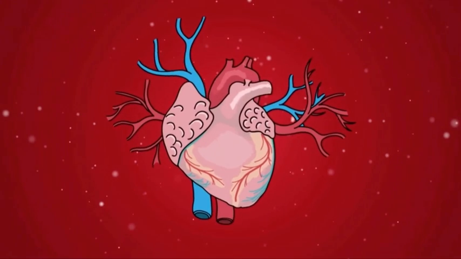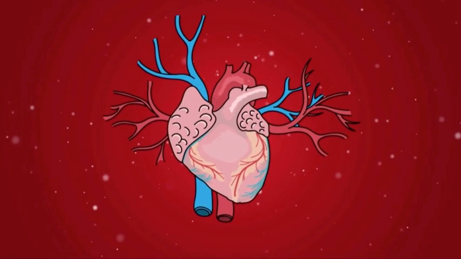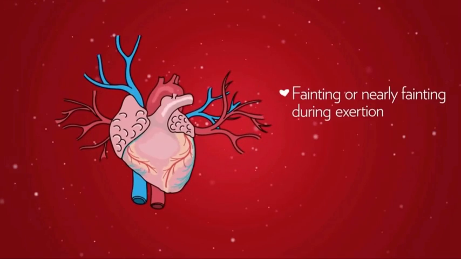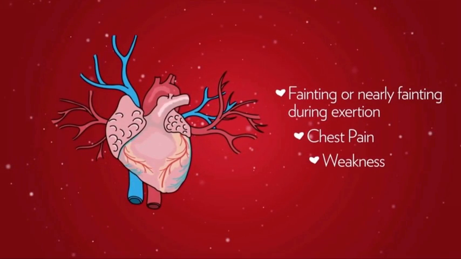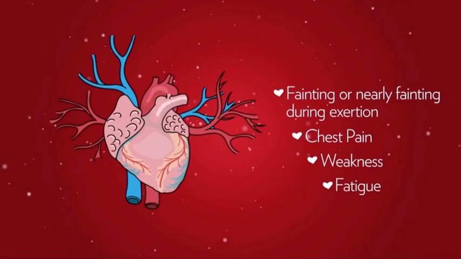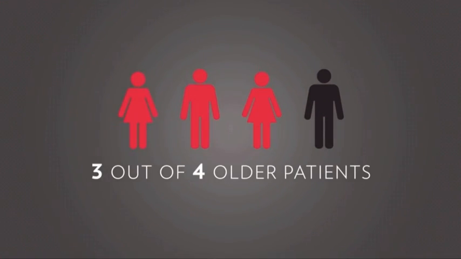As the valve narrows, the heart has to pump harder to push blood throughout the body, and this can lead to symptoms like fainting or nearly fainting during exertion, chest pain, weakness, and fatigue. While not all aortic stenosis patients experience symptoms, 3 out of 4 older patients with severe aortic stenosis do.